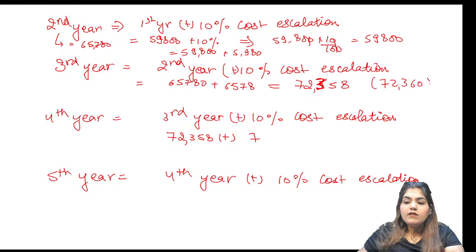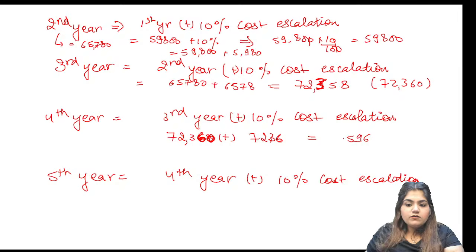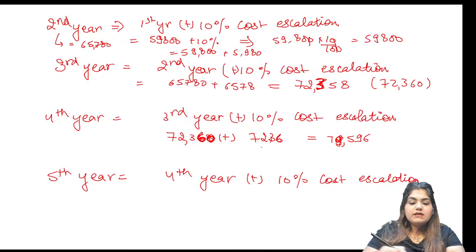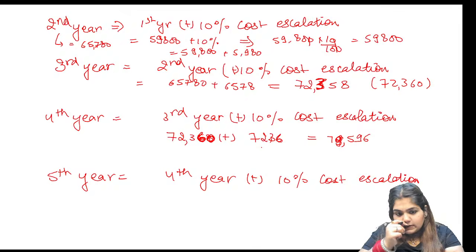Let's round this off क्योंकि 58 पे calculations will be impossible for you. 72,360 plus 7,236. Now this will be 6 at the end. I think I did some mistake.